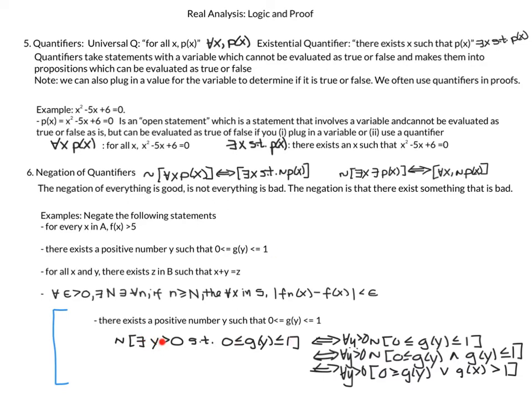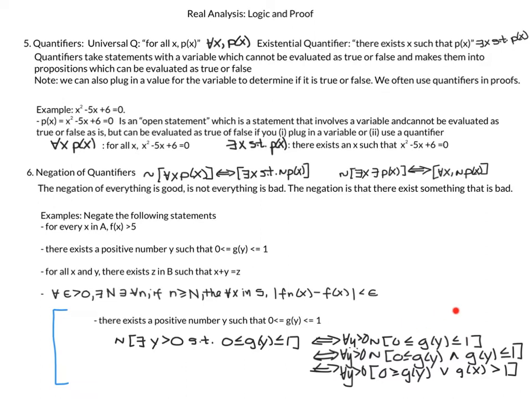And now to negate a there exists, and I have that note over here, to negate the there exists x such that p of x, you take the for all x and then the not p of x. So I'm going to take for all y greater than 0, and then I'm going to negate the rest, which is g of y is between 0 and 1.